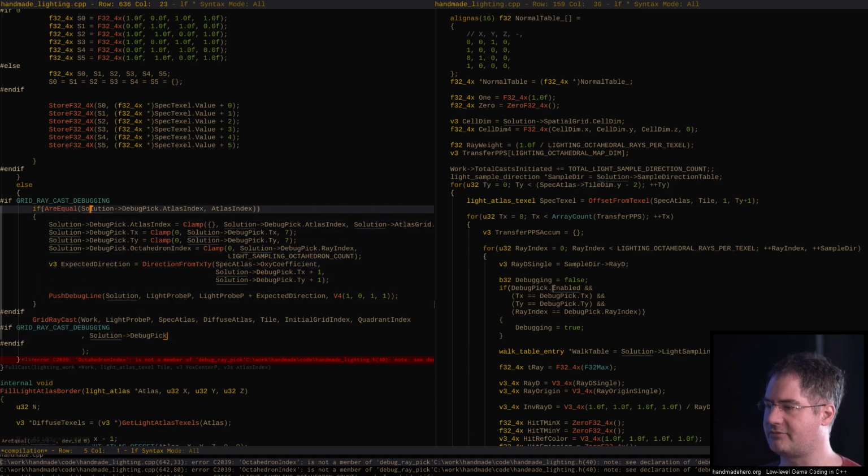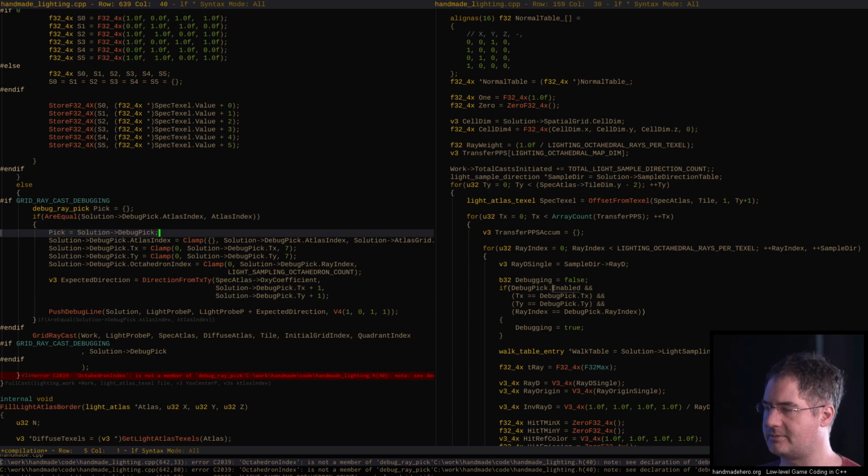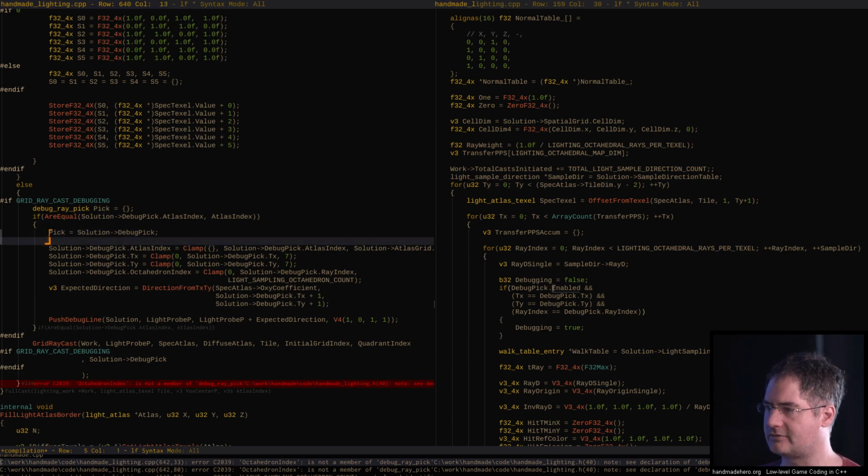We just pass it if we happen to be the correct value. So debug ray pick equals nothing. If we're equal, then it equals the debug pick, right? So that will pass down.